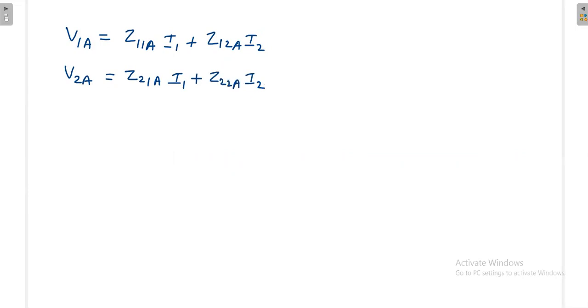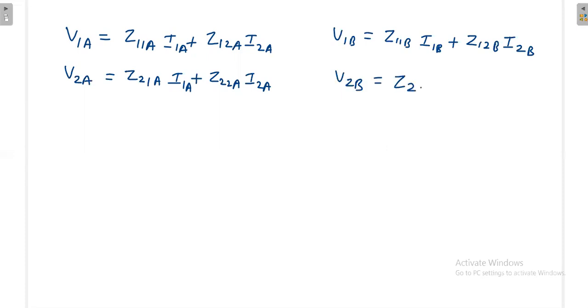Similarly, for the B network, V1B is equal to Z11B I1B plus Z12B I2B. Again, we also have to write that notation, I1A, I2A. Then V2B is equal to Z21B I1B plus Z22B I2B.